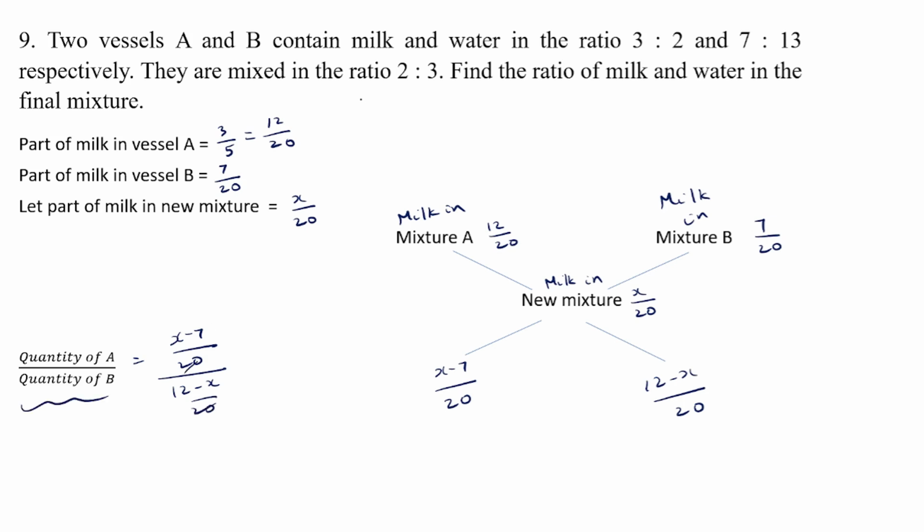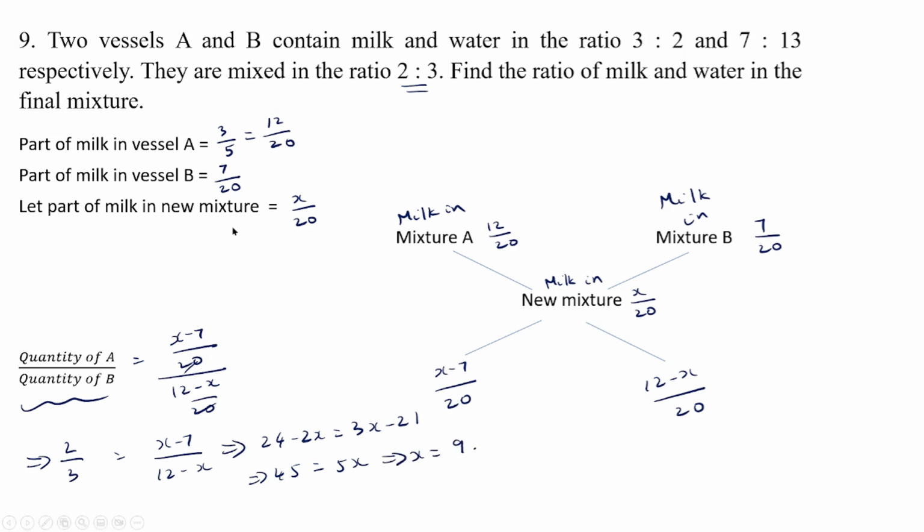This ratio is given as 2:3, so 2/3 equals (x minus 7)/(12 minus x). From this we can find x. So 24 minus 2x equals 3x minus 21, or 45 equals 5x. So x is 9. So here part of milk in the new mixture is 9/20.